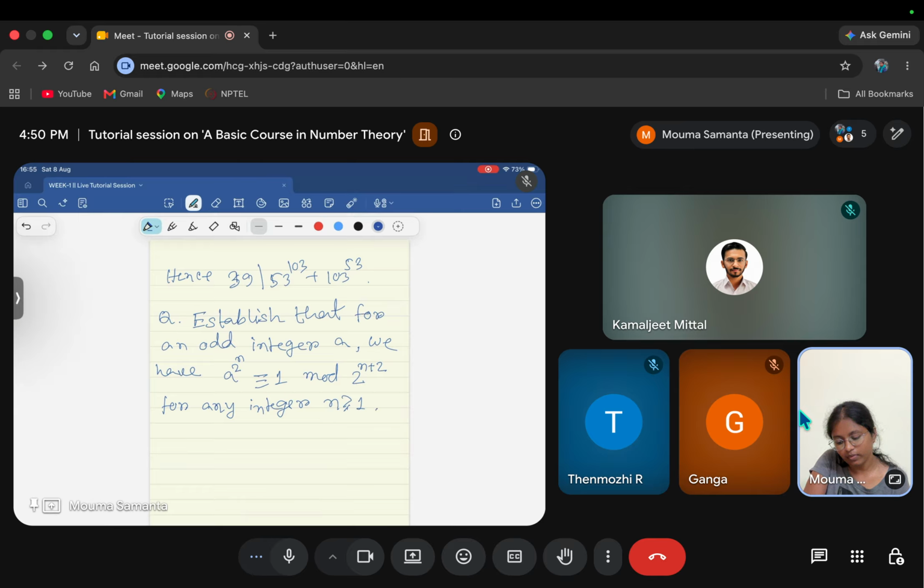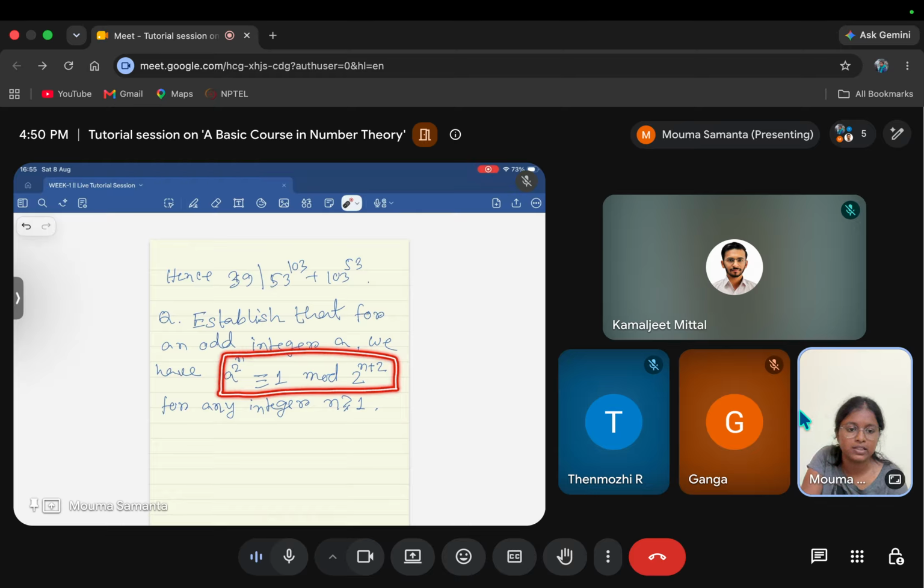So how to show that? What are the given conditions here? The given condition is an odd integer a. Then for any natural number n, we will have this congruence relation, a power 2 power n is congruent to 1 mod 2 power n plus 2.